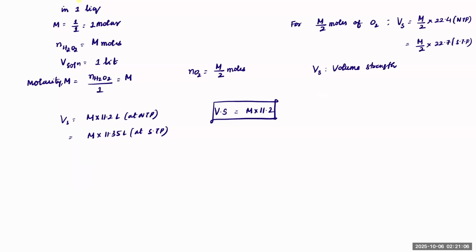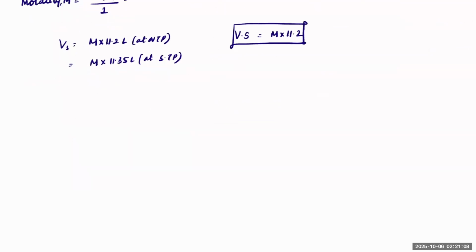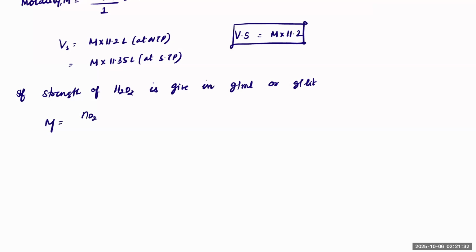Now sometimes strength is mentioned in gram per ml or gram per liter. If strength of peroxide is given in gram per ml or gram per liter, in that case, how do we figure out? See, molarity is equal to number of moles of H2O2 into 1000 divided by volume of solution in ml.